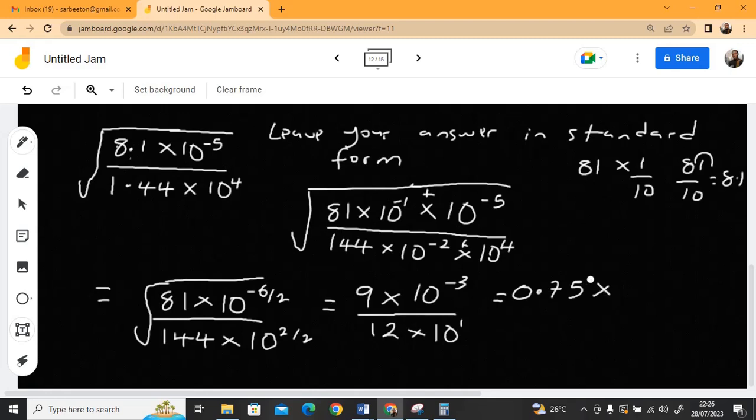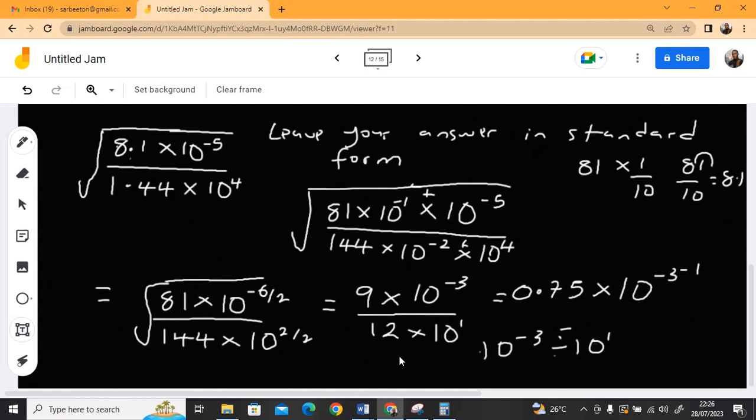Times, they are both 10. Remember, this is division. So this will be minus 3. And division is just like saying 10 raised to the power minus 3 divided by 10 raised to the power 1. And division means minus. So you pick one of the 10, then minus 3, then this one is minus 1.